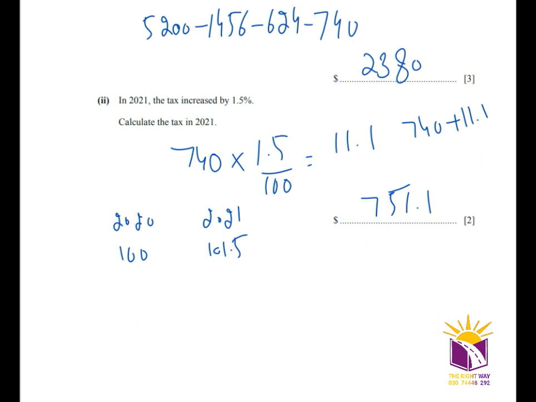In 2020 it is 740, and you have to find x, which is in 2021. So by cross multiplication, 740 multiplied by 101.5 divided by 100 equals 751.1, as we have calculated earlier.